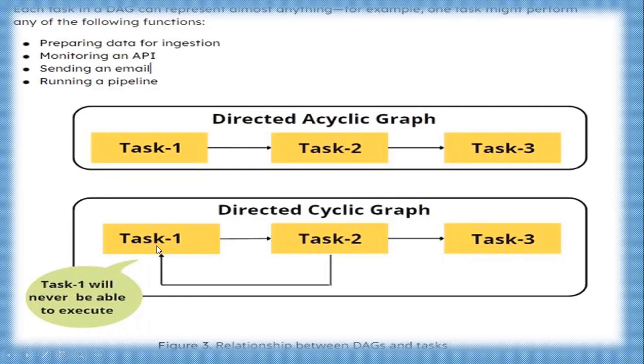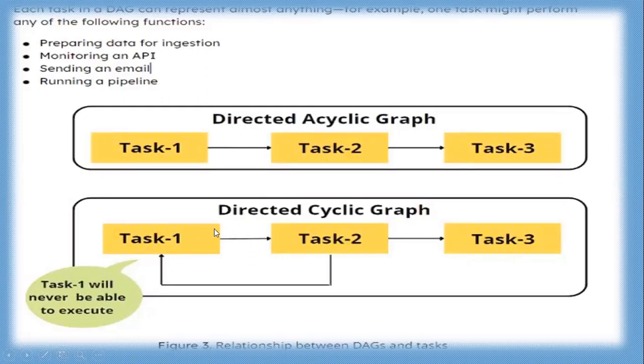For example, if you want to run task one, it says that task two should be run first. If you would like to run task two, then the graph says that task one should run first. So which one should be run first is not configured, and it is not easily understood by the Airflow scheduler. The Airflow scheduler is one of the other components of the Airflow architecture. So the Airflow scheduler may get messy in executing these tasks, because it is really incomprehensible which one should be run first.